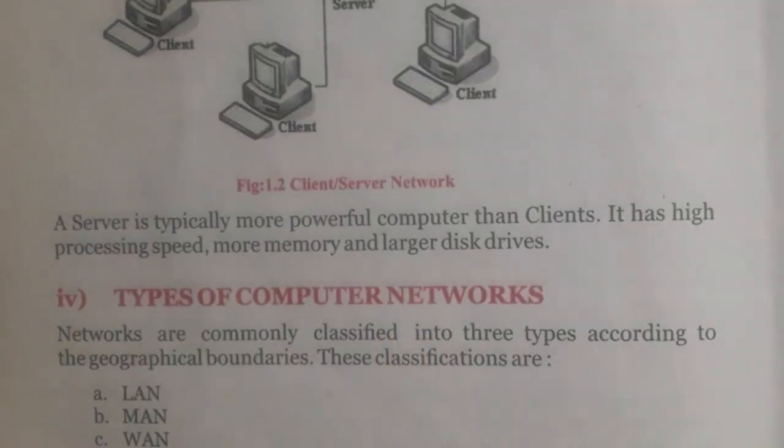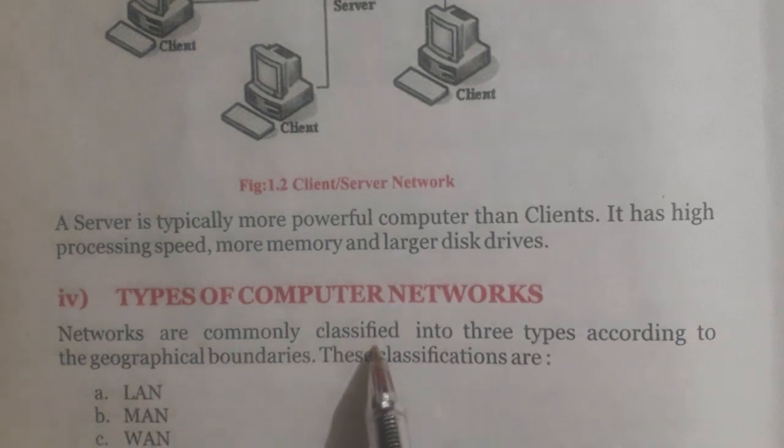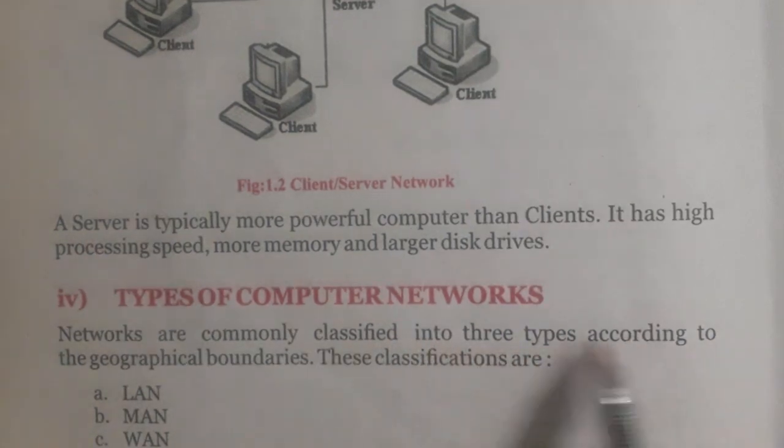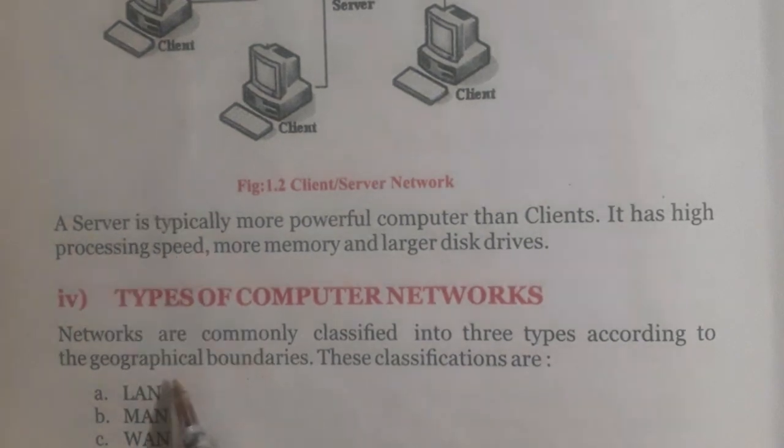Types of computer networks. Networks are commonly classified into three types according to geographical boundaries: LAN, MAN, WAN.